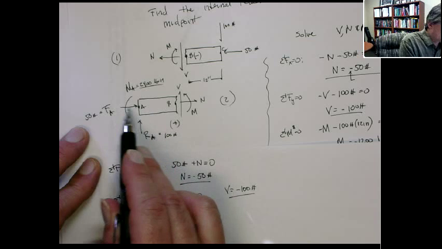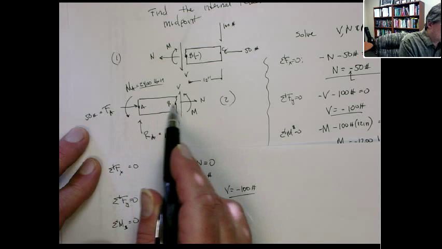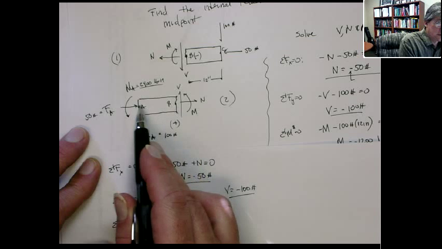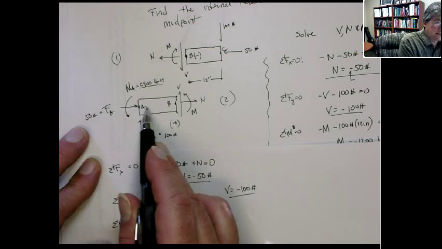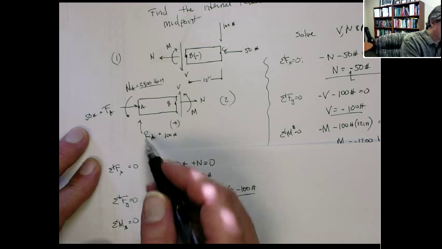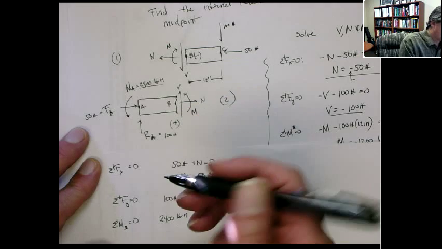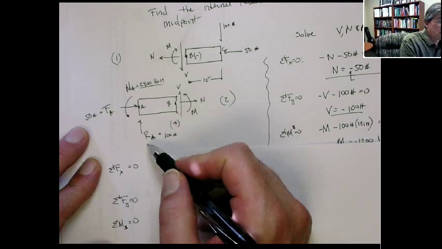FA produces no moment because it's in line. The moment arm is 0. The perpendicular distance from this point to B and the line of action of FA is 0, so that gives you no moment. So 50 pounds times 0.